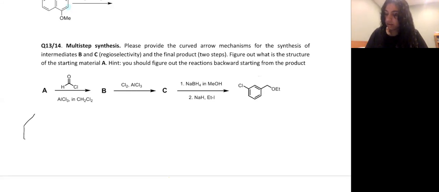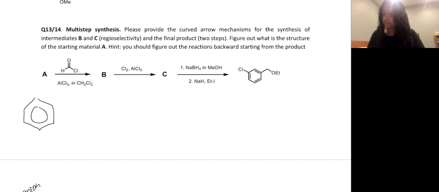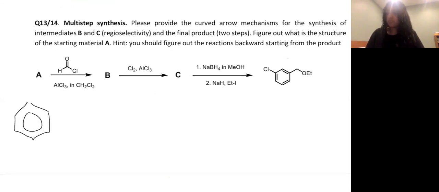So I'm gonna make a plain old hexagon and then do an acylation on it. From the acylation, we just chop off the chlorine and stick it onto the benzene. So product B looks like this.